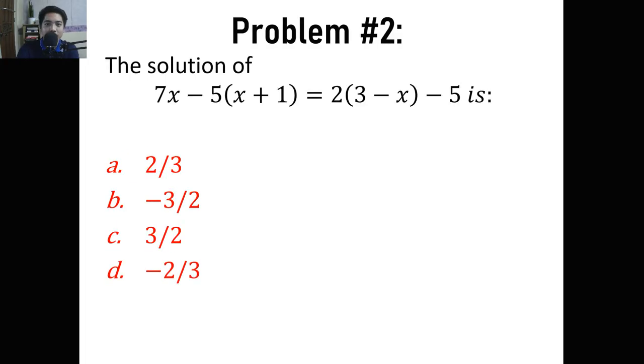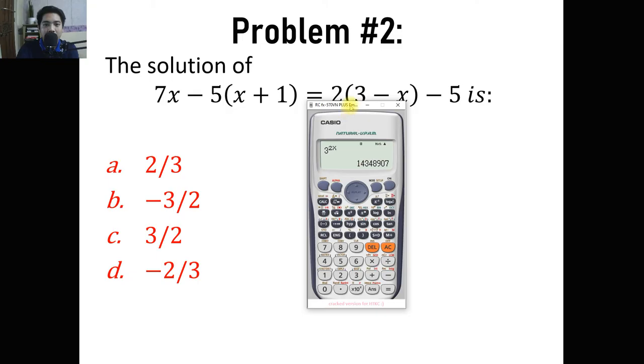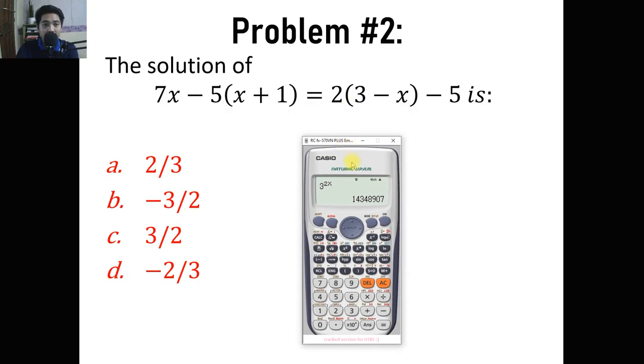So let's go now to our problem number 2. Find the solution of 7x minus 5 quantity x plus 1 equals 2 times 3 minus x, quantity 3 minus x minus 5.